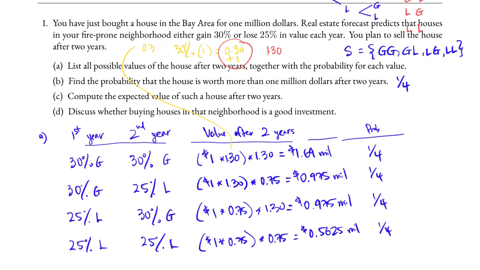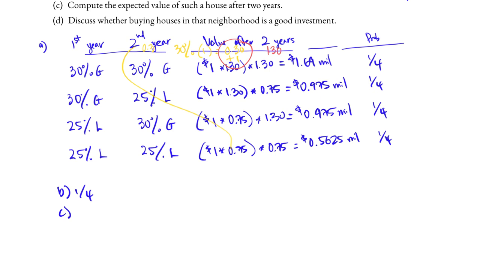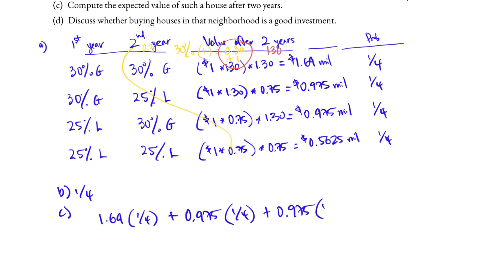To compute the expected value, we take the values of the house and then we multiply by the probability and we add them. And so in this case, we will take 1.69 times 1/4 plus 0.975 times 1/4 plus 0.975 times 1/4 plus 0.5625 times 1/4.